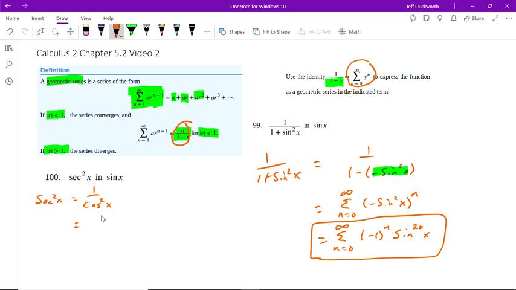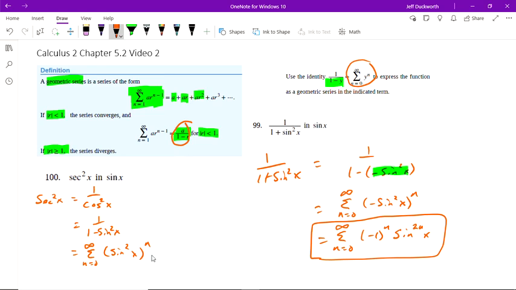So that means cosine squared x equals 1 minus sine squared x. So here we don't have a negative version, we just have the positive version because now our y is fully sine squared x. So this is going to equal the sum as n equals 0 to infinity of just the sine squared x to the n.